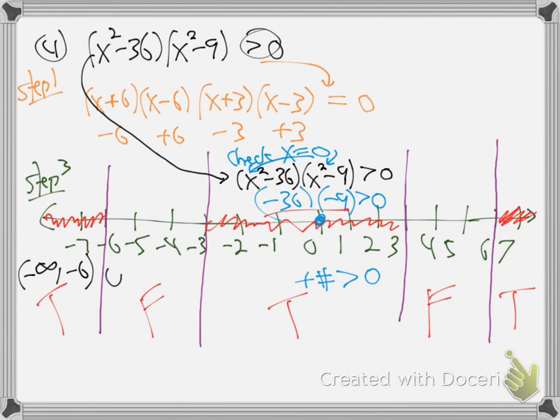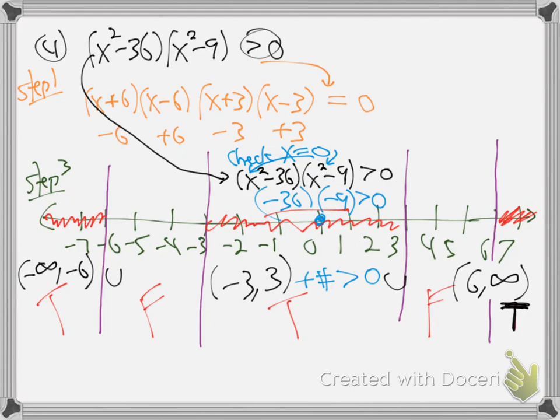So, united with, and then how do you say the middle? Negative 3 to 3. United with 6, that line's at 6, to infinity. That was the last true section. Here, let me bring it up here, it's hard to read my answer.